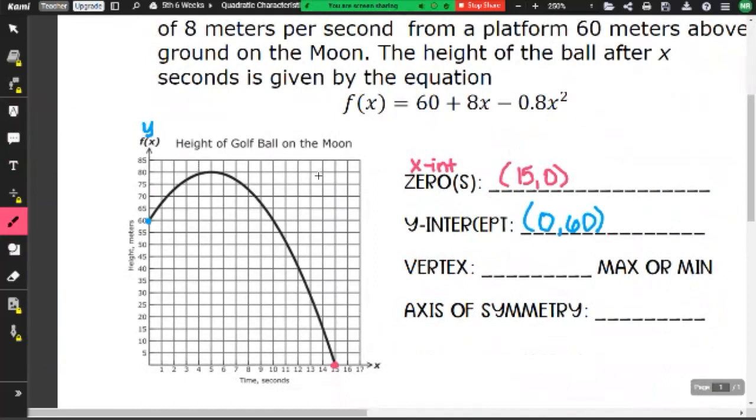Did it go up high or did it go down low? It went up high. That means we're dealing with a maximum. Now, if they ask me for that maximum value, if we're asked for the value, how high did it go?